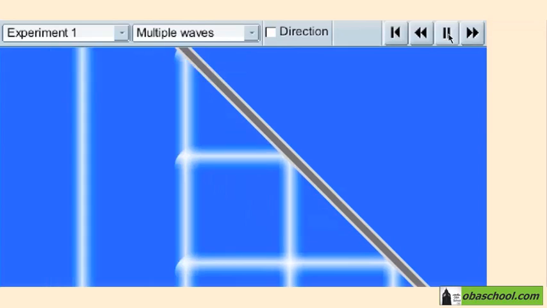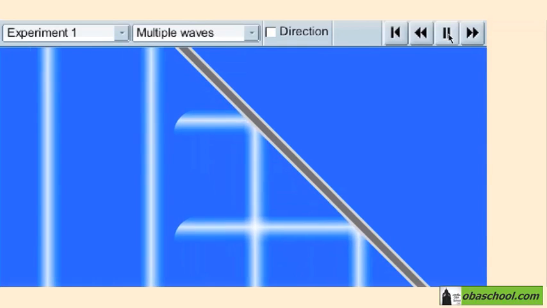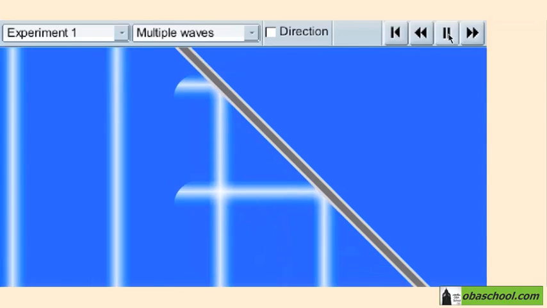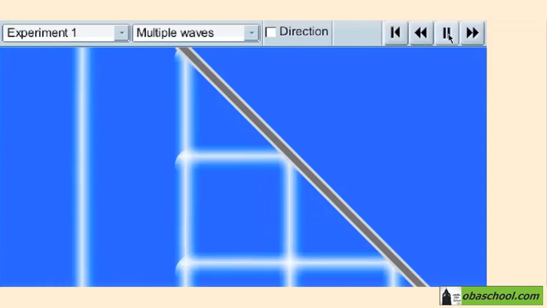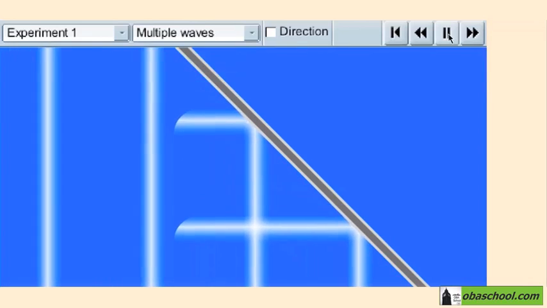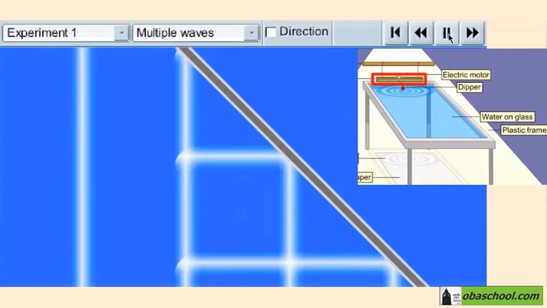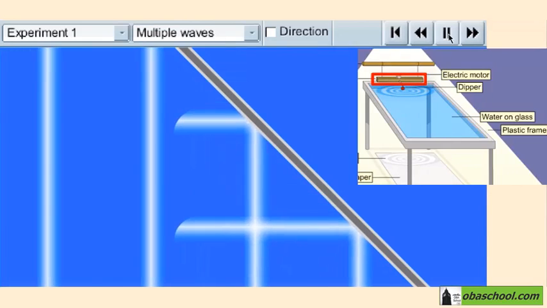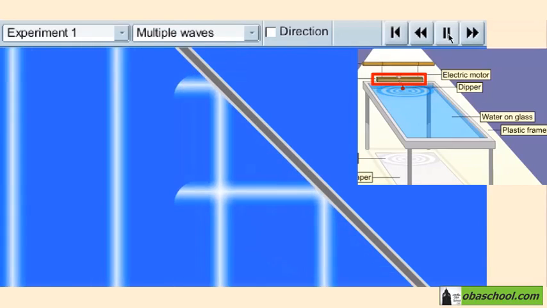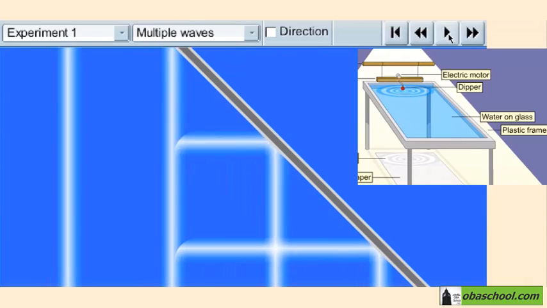We're seeing a stream of plane waves moving across the water when the motor on the wooden beam is running. So, the motor is generating multiple waves. However, the dipper ball in this case is not used, in order to obtain a series of plane waves instead of circular waves.